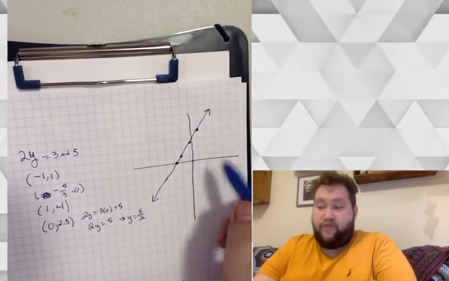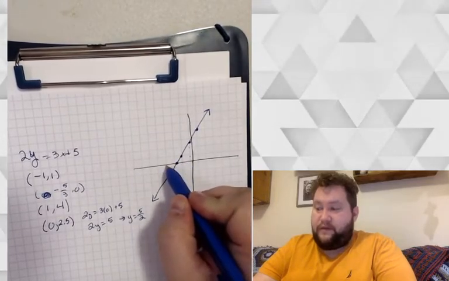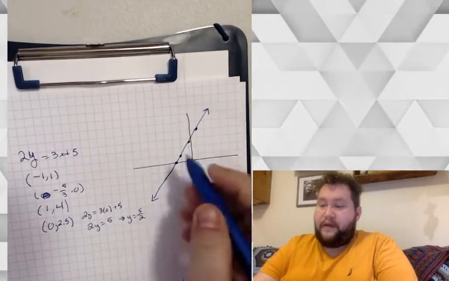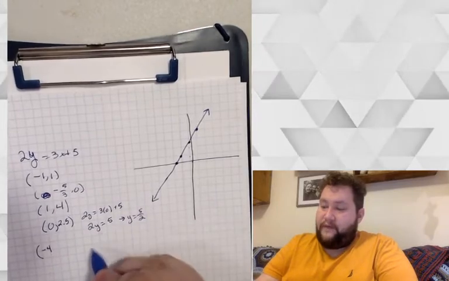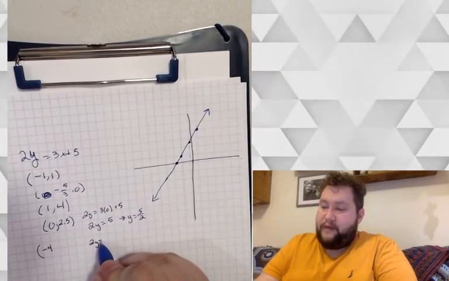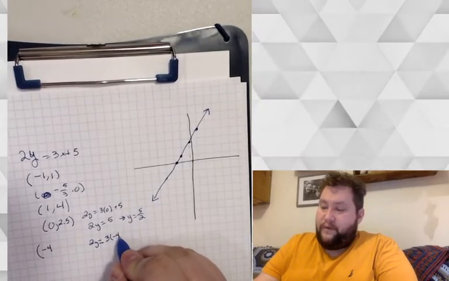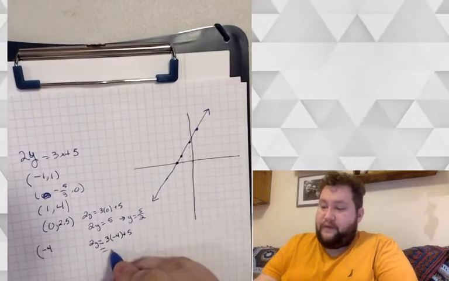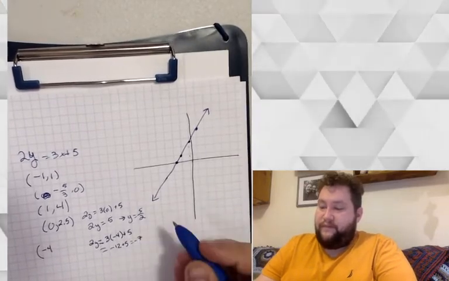Assuming I drew it correctly, that means that our point at x equals negative 4 should be around negative 3. So negative 4. So we have 2y equals 3 times negative 4 plus 5. 3 times negative 4 is negative 12 plus 5, negative 7.